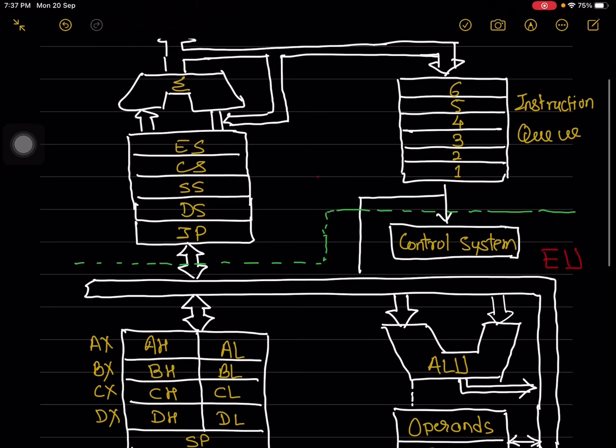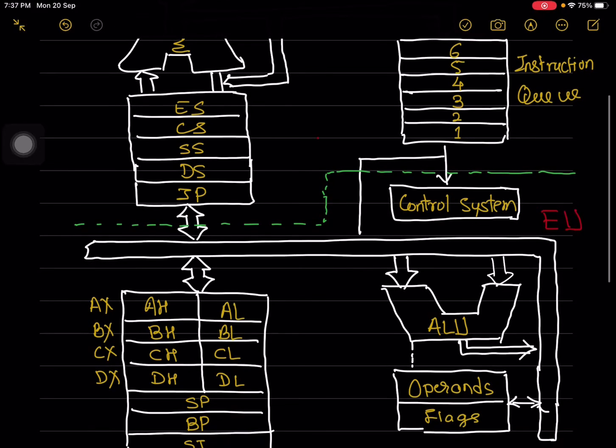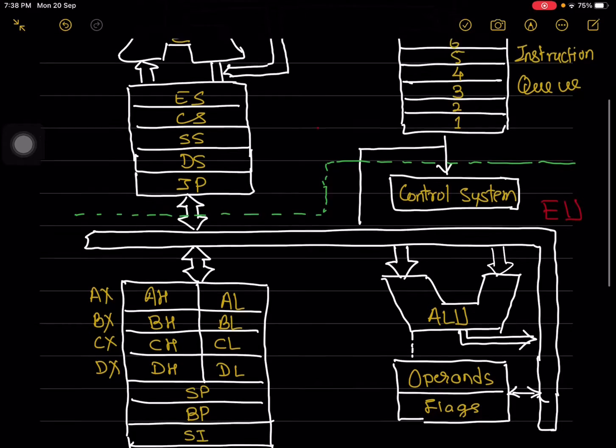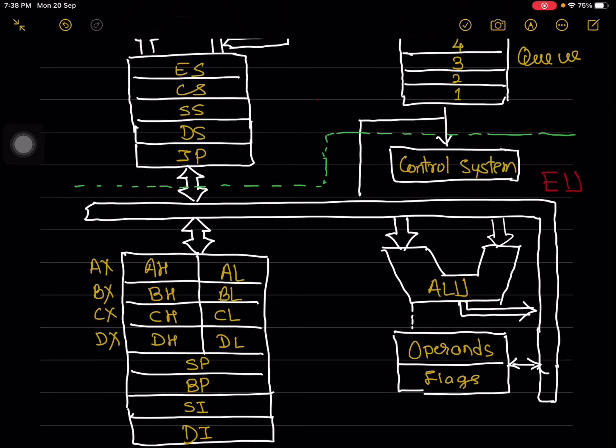From the instruction queue the instruction is decoded in the execution unit, and then in the execution unit the program is executed. So the main purpose of the execution unit is to execute the program.